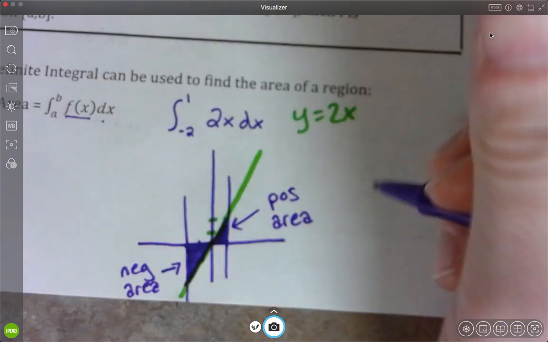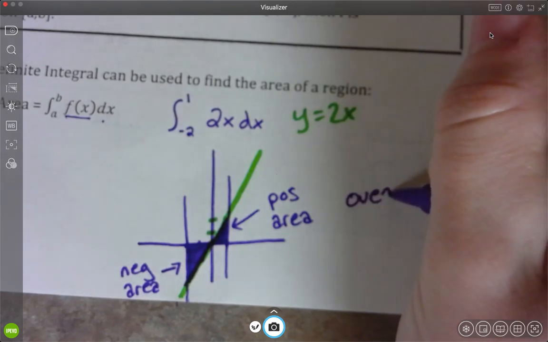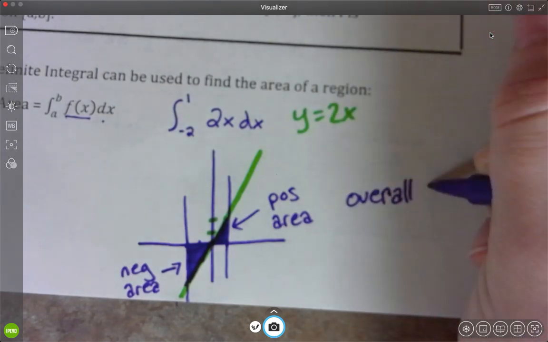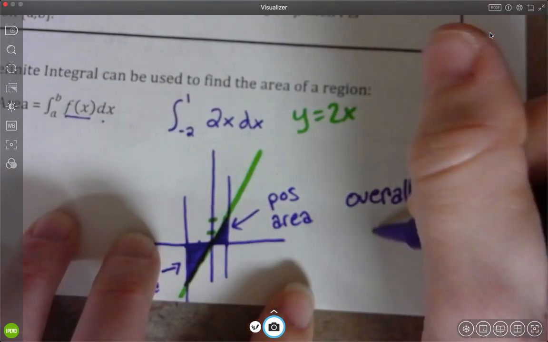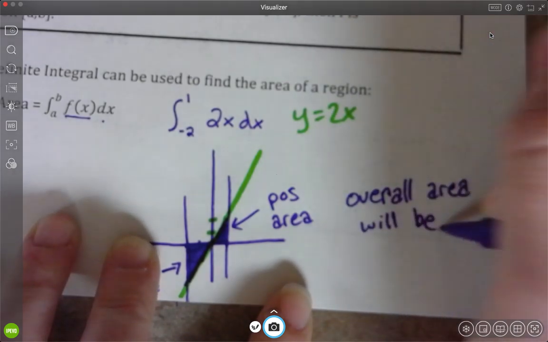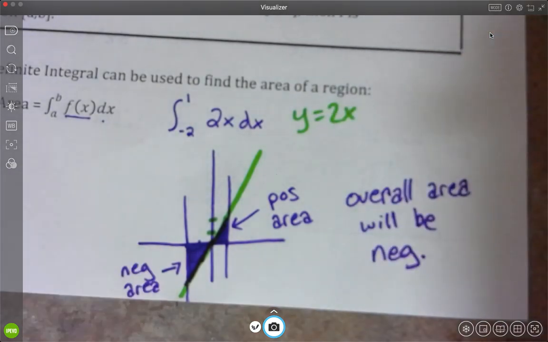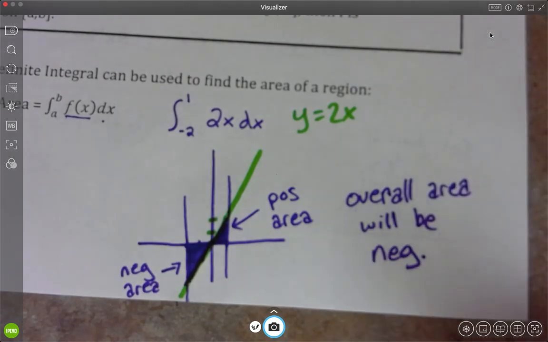My overall area will be negative, which is a weird concept, because usually you don't have negative area, but you will when we're dealing with functions, and negative area just represents area under the x-axis.